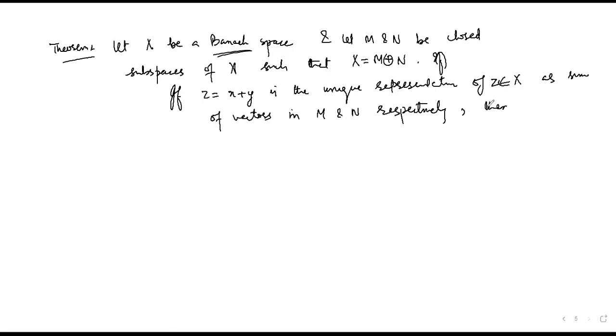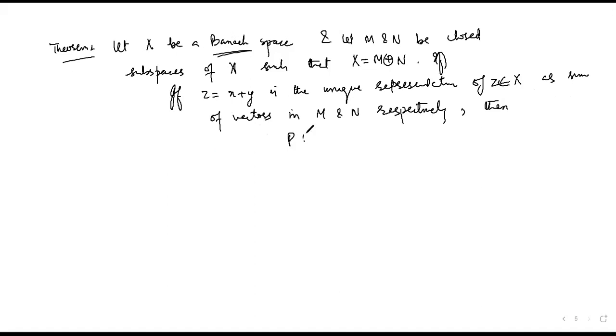Then there exists a mapping, a projection P from, या सीधे लिखते हैं, then बेटर ये है कि हम मैप को पहले लिखें.